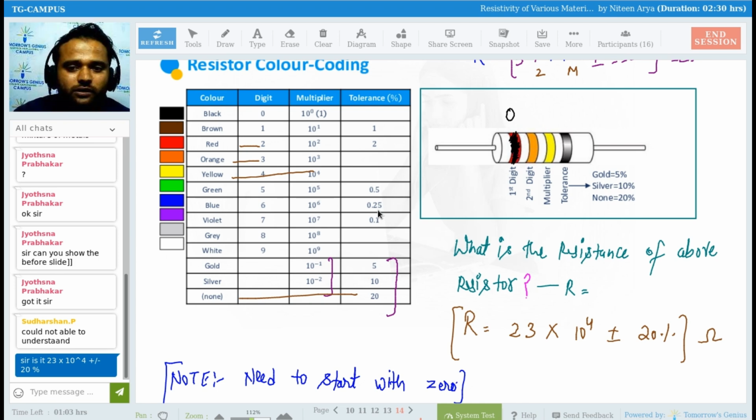It is not going to help. Clear? Because the second can be 0, the first cannot be 0. The reverse can be true, but 0 into 2 or 3, whatever it is, is going to be 0, not 30. Most of the time here you are going to find either red, brown, or orange.